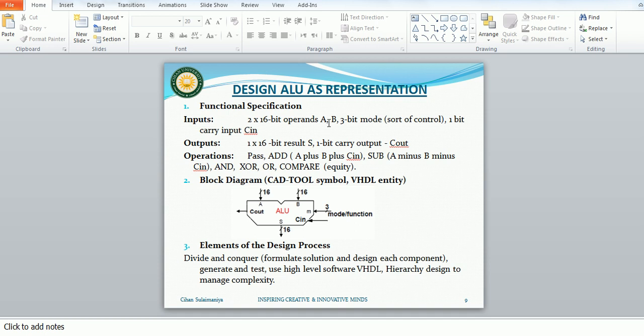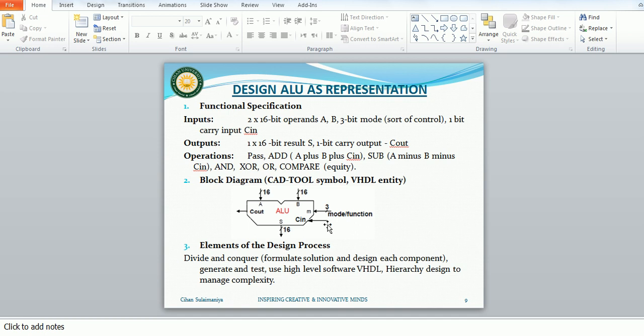variable A and variable B, and I want to decide how many bits the mode is. Is it 3-bit or 4-bit? Normally, because these are hexadecimal numbers, I would need 4-bit mode. However, when I decide to design a 3-bit mode, that means I have two numbers, each from 0 to 7, from 000 to 111, although they are hexadecimal, because the mode of the function is 3-bit.